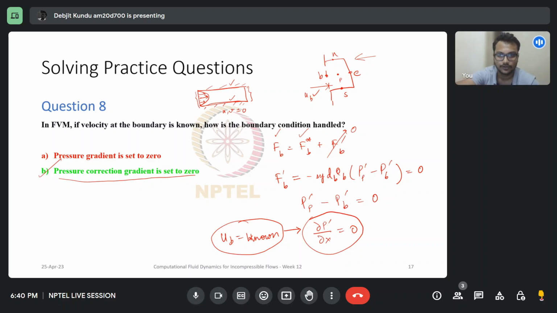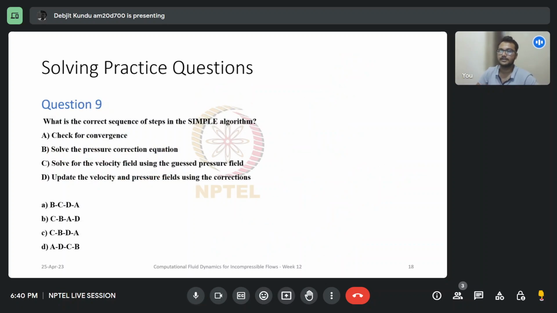We will move on to question number 9 of today's session, which is asking us what is the correct sequence of steps in the SIMPLE algorithm. There are 4 different steps, A to D, given. You have to arrange them in the correct sequence. Statement A is check for convergence. Statement B is solve the pressure correction equation.